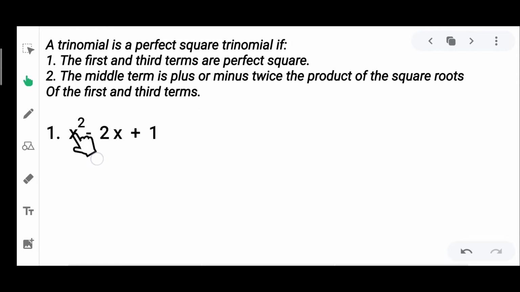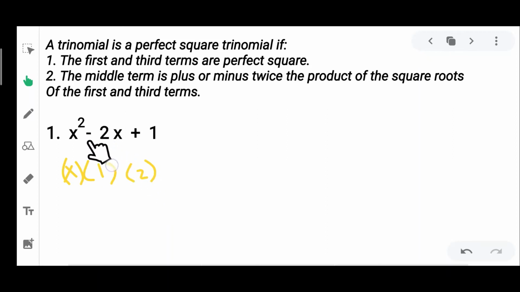So, ibig sabihin, ano bang square root ng x squared? Ang square root ng x squared ay x. Ang square root ng 1 ay 1. And then, imumultiply daw natin to. Then, times 2. Sabi dito, twice. Okay, so, x times 1, x, times 2, 2x.